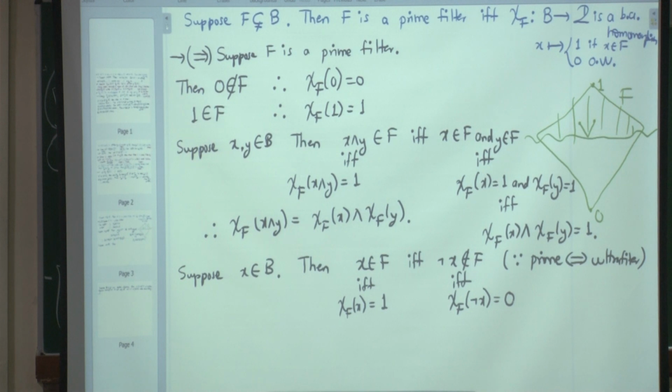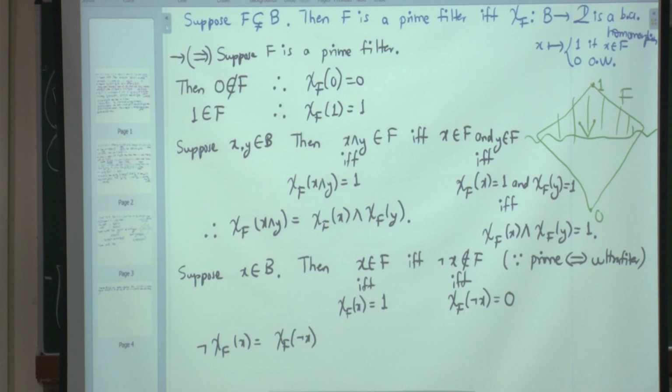Are we done here? What do we need to show? Negation chi F of x is equal to chi F of negation x. Yeah, this is what we needed to show and we are done here.